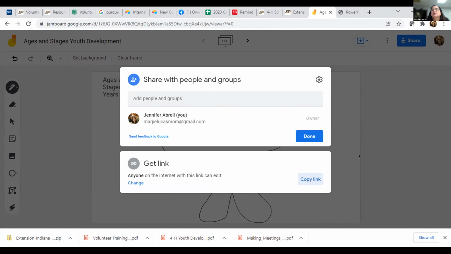So hang on for just a second. And I will do that. So there's the link in the chat box for you. Where'd my Jamboard go? I just had it. There it is. It moved around like my little windows.